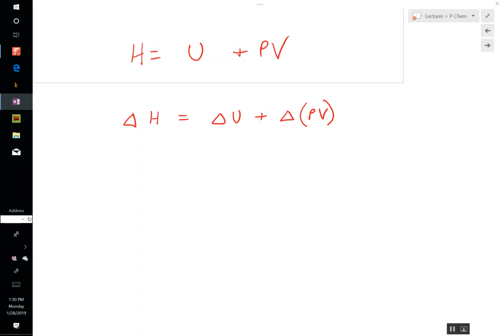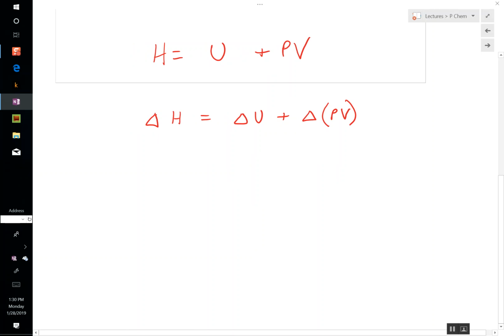Yeah, he's working it. Well, if you start by putting that U is Q plus W, you can get to the point where at constant pressure, the enthalpy is the heat.